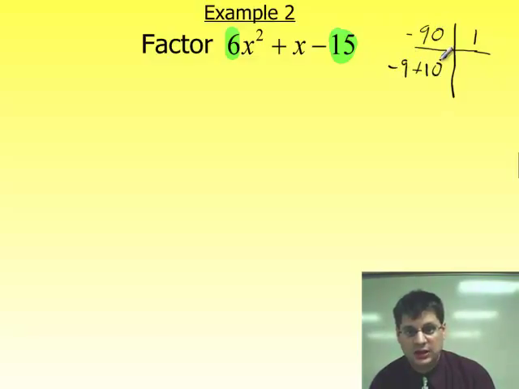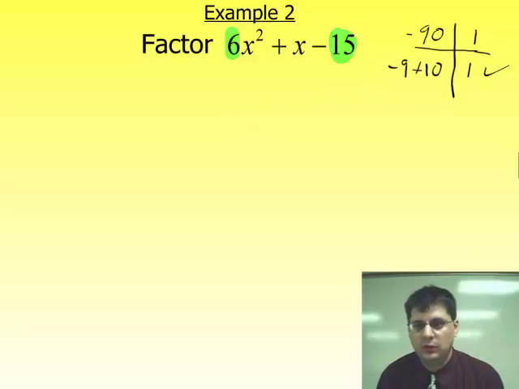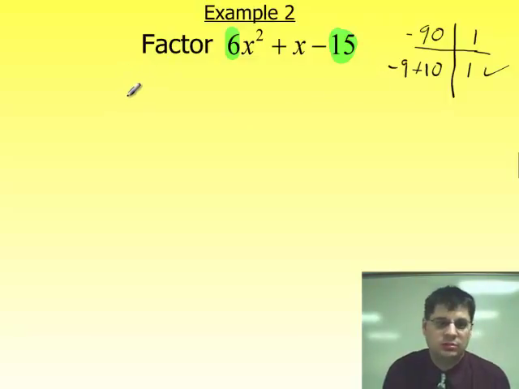That gives you negative 90. You add it together, and it gives you 1. Hey, we got it right away. It gets easier with practice. The more you do, the easier it gets. You start spotting patterns, and then you can do it without much work. It just comes with time and practice.